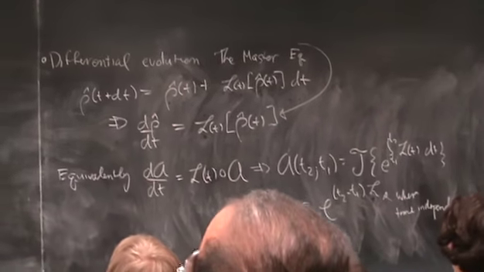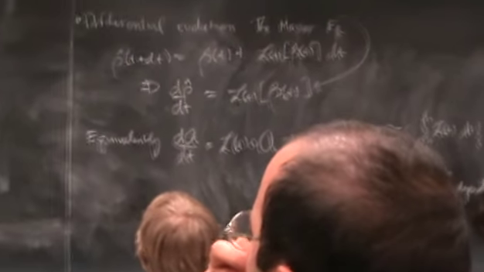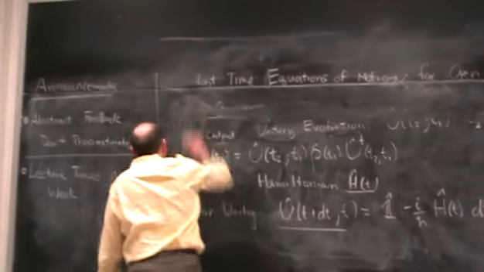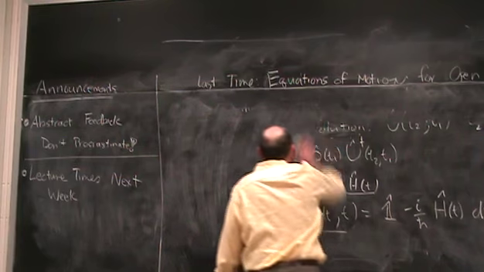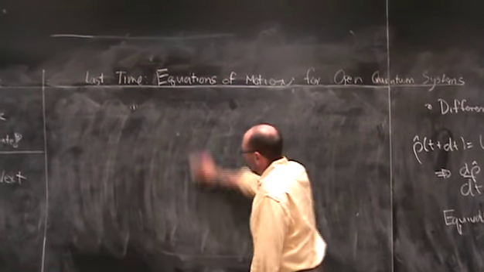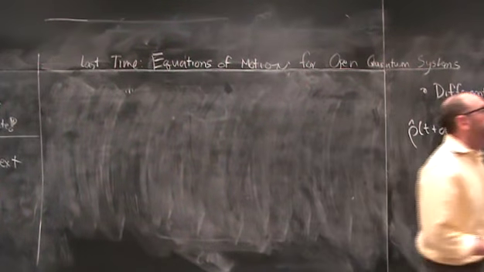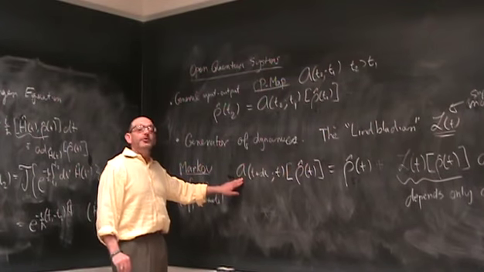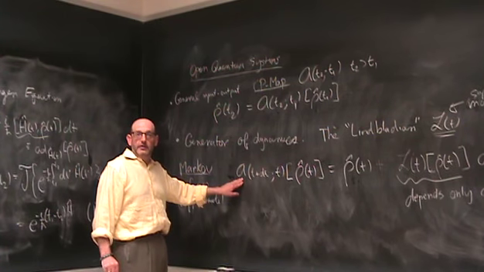What we showed furthermore in the lecture last time was that just from the fact that this is a CP map, it has a Kraus representation.